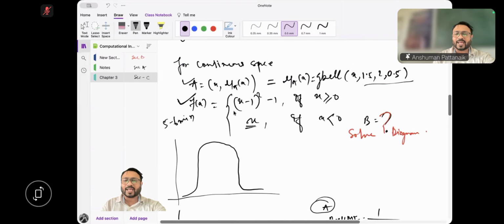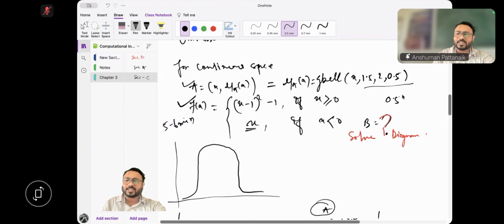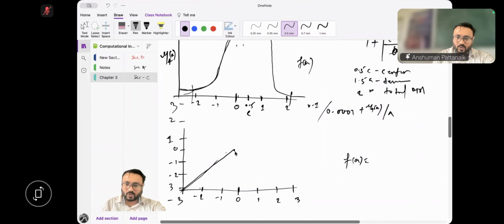Now you take x value as 0.5. Let's understand. What will happen? Forget about 0.5, take 1. What will happen? 1 minus 1 will be 0. 0 square is 0. 0 minus 1 is minus 1. So for x value 1, it will deviate up to minus 1, like this.